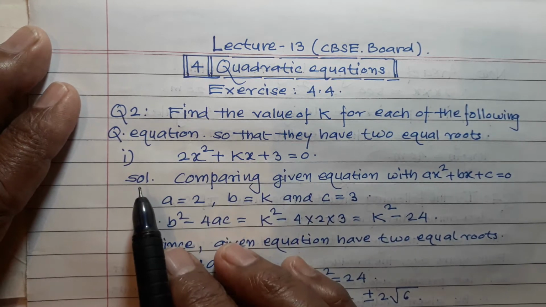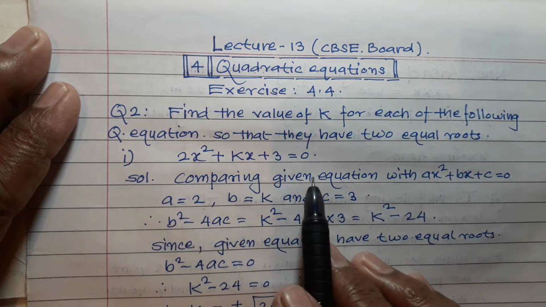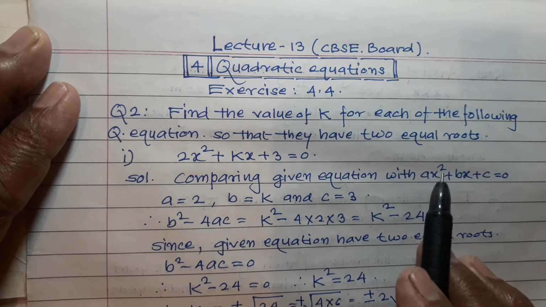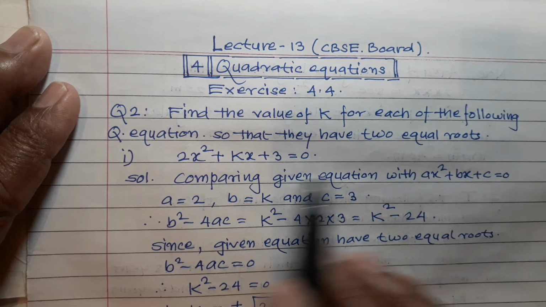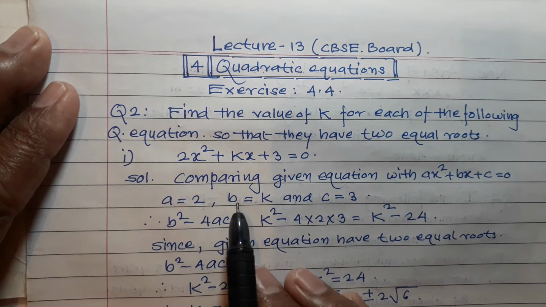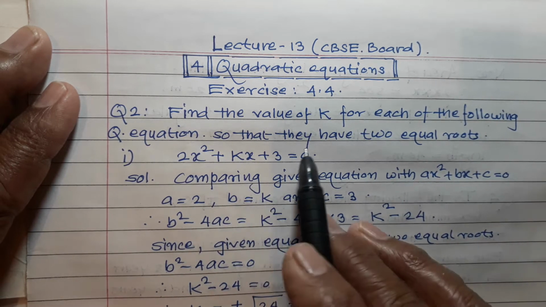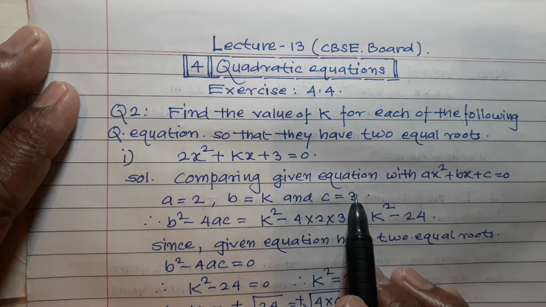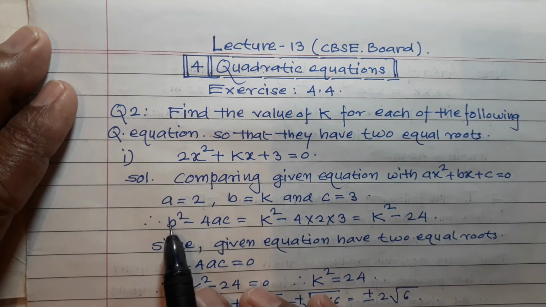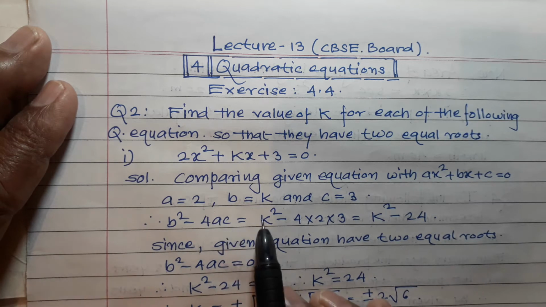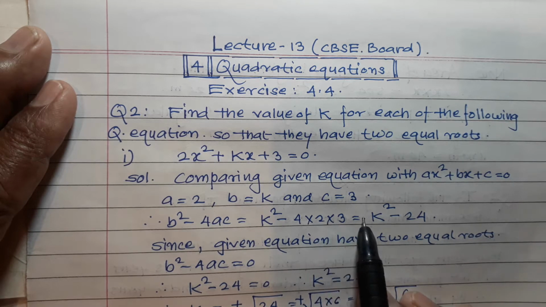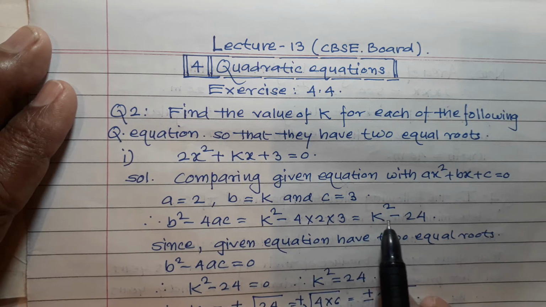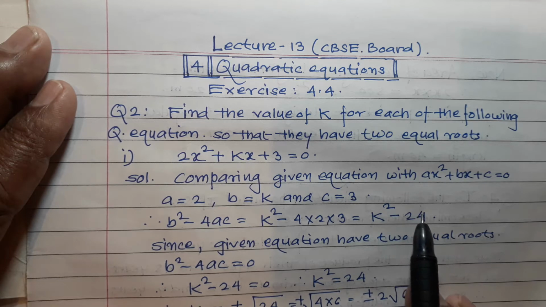Now try to understand the solution. Comparing the given equation with ax square plus bx plus c is equal to 0, a is equal to 2, b is equal to k and c is equal to 3. And therefore b square minus 4ac is equal to k square minus 4 into 2 into 3, and therefore k square minus 24.